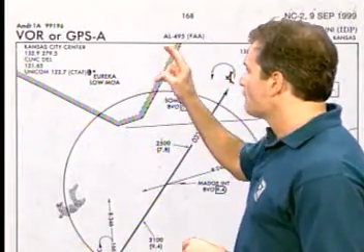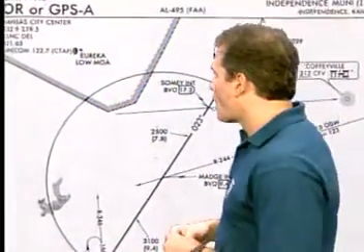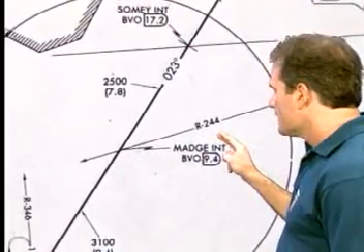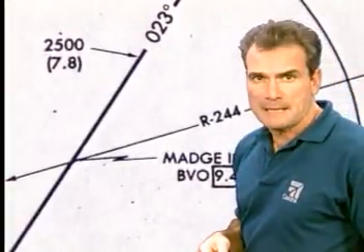Sometimes an arrow is used only for a radial to identify an intersection, and it's not part of a feeder route. Let's take a look at the VOR or GPS Alpha approach to Independence and look at the arrow labeled R244 that comes in from the right from the Oswego Vortac behind me.